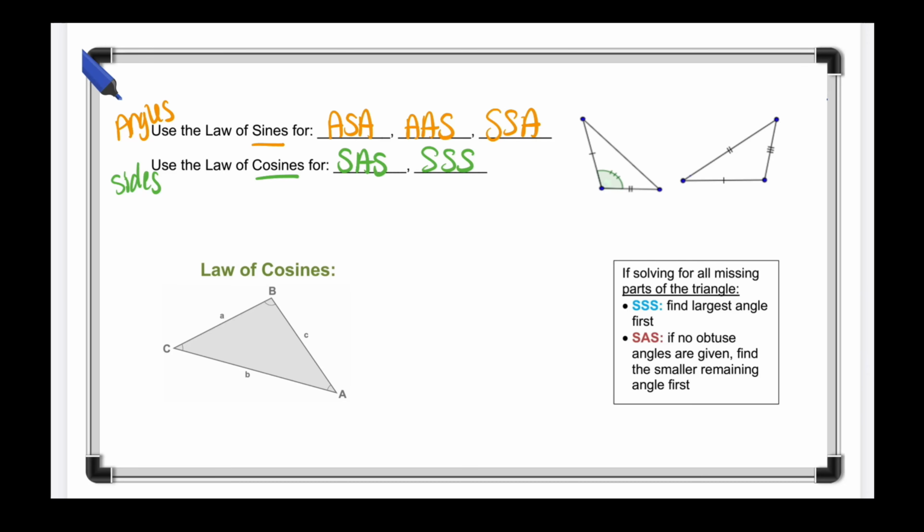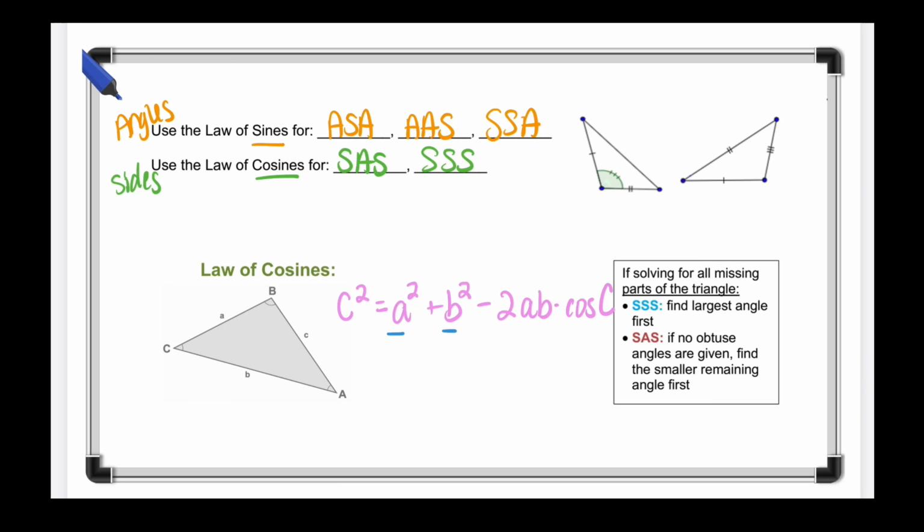So here's our formula for the law of cosines. Side C squared equals A squared plus B squared minus 2 times A times B times the cosine of angle C. Here are some things that are important for you to realize.